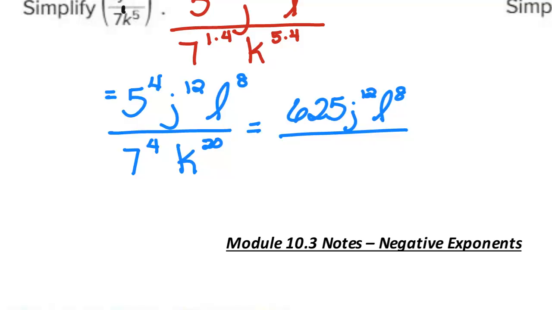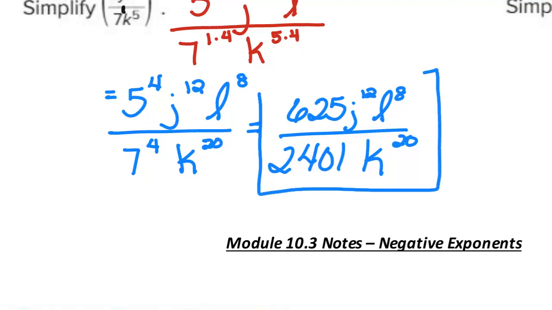You have a number? 2401. 2401 times K to the 20th. And I am hoping that that does not simplify. 625 over 2401. I don't think it does. All right. Stick a fork in me. I am done.